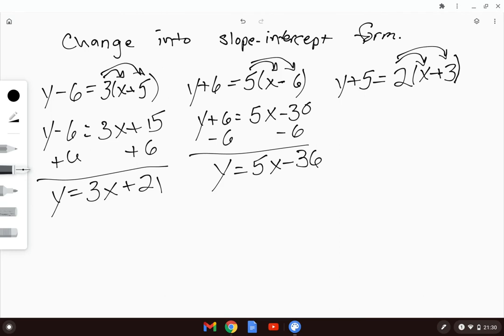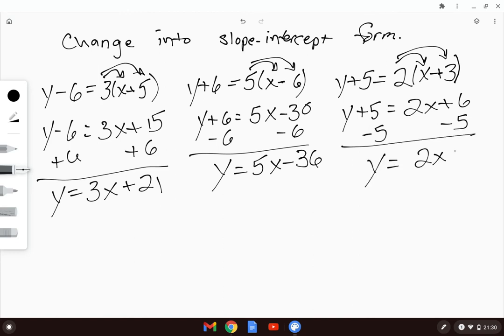And the last one. So that's how you would change those into slope-intercept form. Just distribute and solve for y, or just distribute and add or subtract the y1, and you'll still be solving for y.